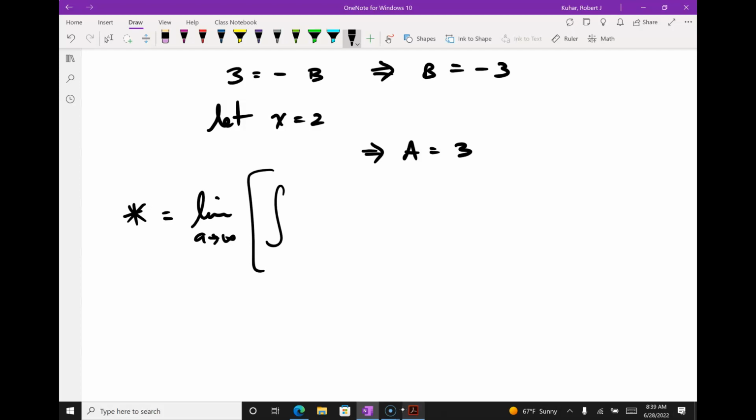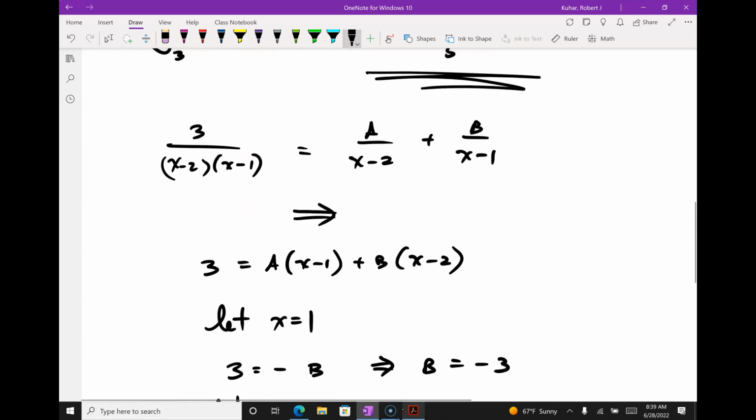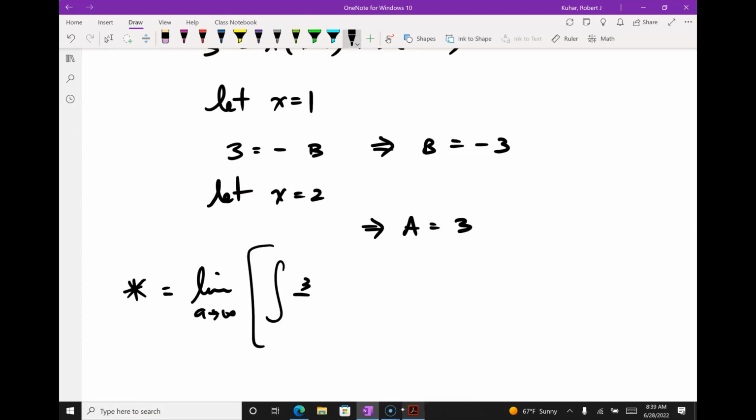The integral of 3 over x minus 2 dx minus the integral of 3 over x minus 1. Right, my integral is going from 3 to infinity, right?